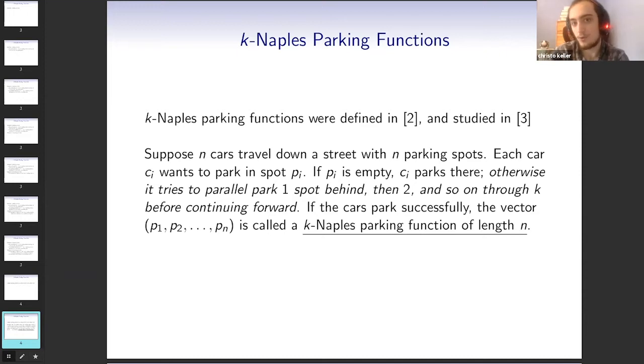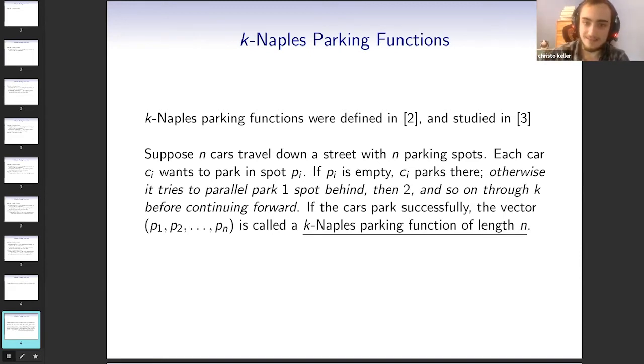If it's one Naples, it basically tries to parallel park back into the spot behind it. Or if it's two Naples, it tries the spot behind it, then two spots behind it, and so on. And so now you can see why we called the regular parking functions 0 Naples, because the cars didn't try to back up at all. They immediately moved forward.